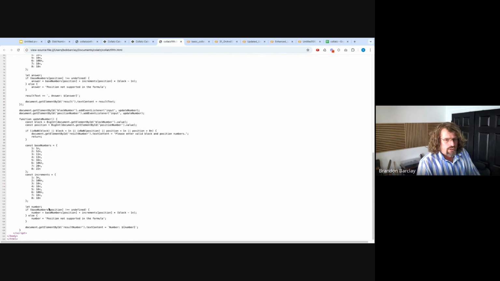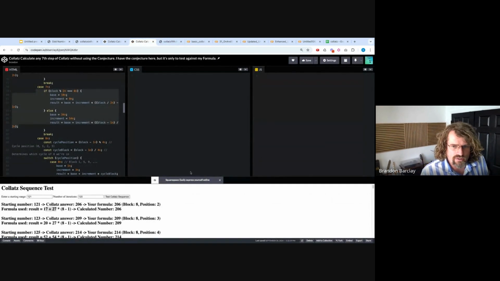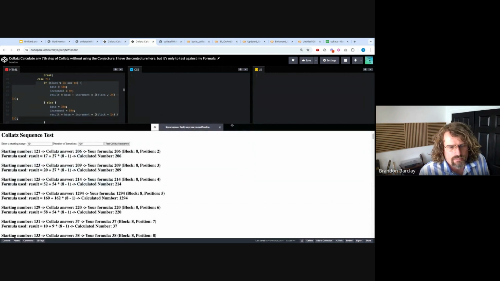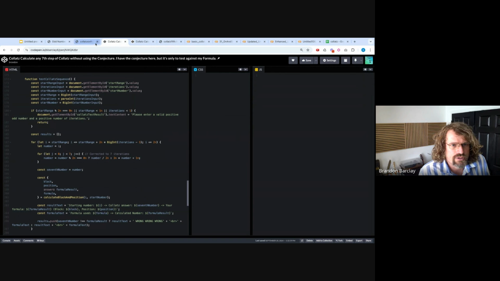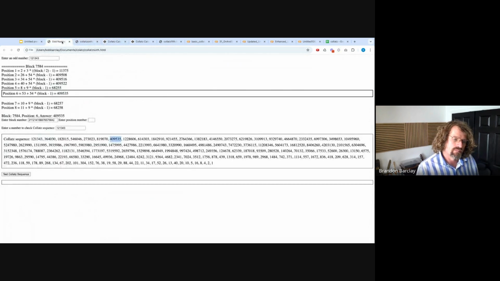I could go up further, but what I noticed is that there becomes a block issue where you have to have a higher starting number, because some of these numbers start to go back to that pattern of 1, 2, 1, 2, 4.